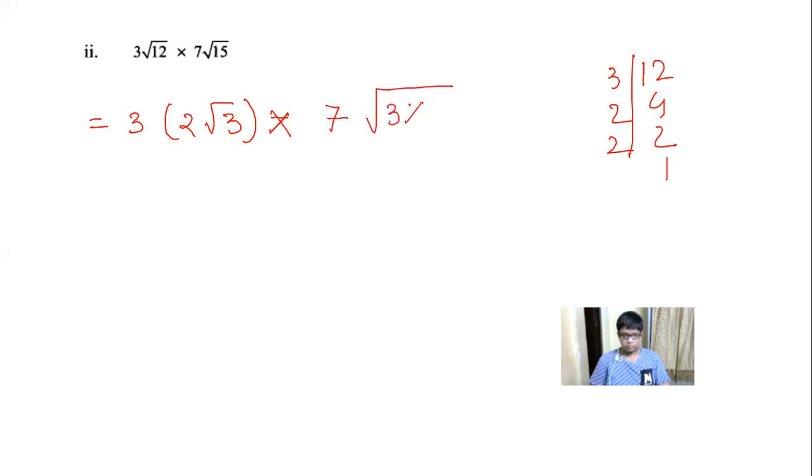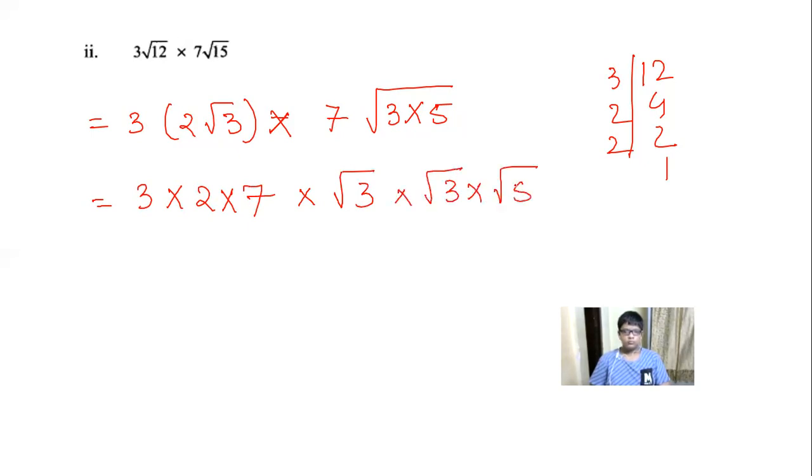Now write that into the root sign, 3 and 5, like this. So you now multiply all the numbers: 3 into 2 into 7. Then multiply all the roots: root 3 into root 3 into root 5.